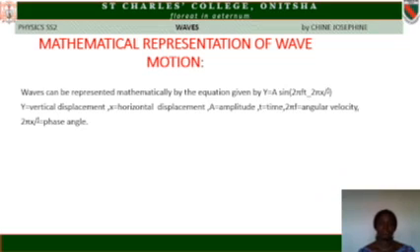Then let's define the symbols given. y equals vertical displacement. x equals horizontal displacement. Capital letter A equals amplitude. Small t equals time. Then 2 pi f equals angular velocity. 2 pi x over wavelength equals phase angle.